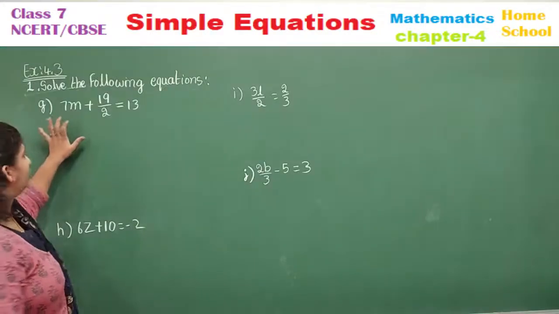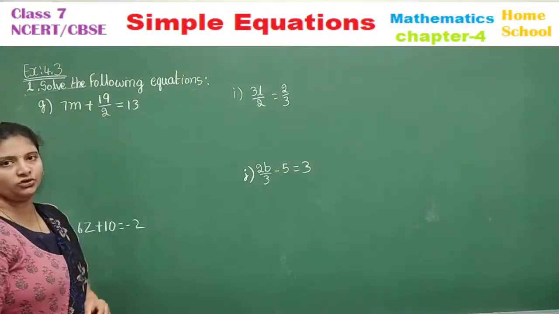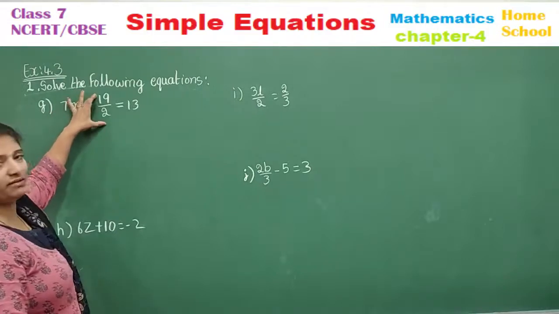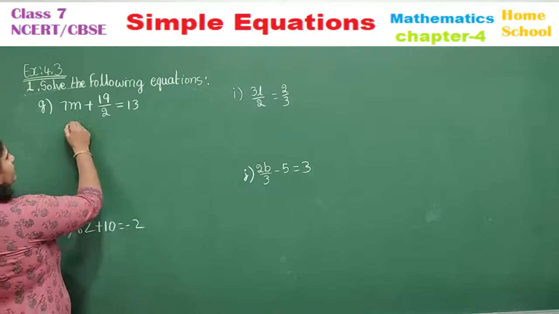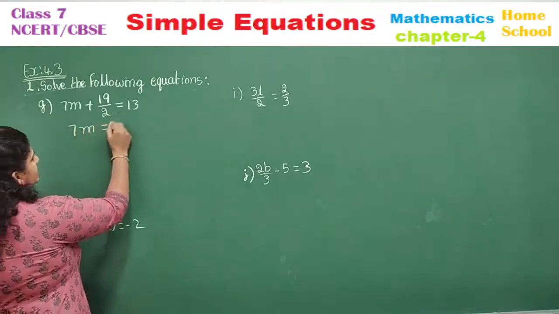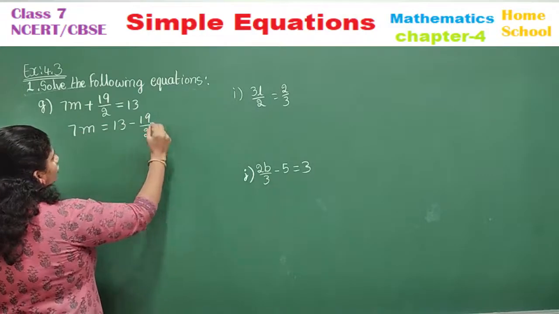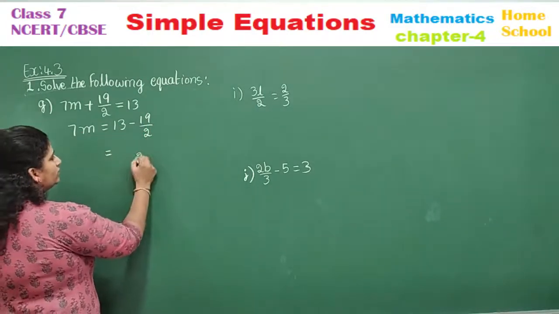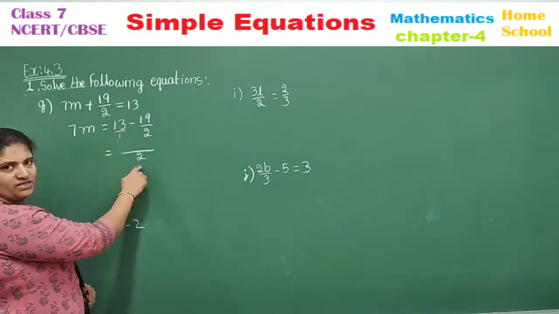Next sub question. 7m plus 19 by 2 is equal to 13. Variable is here. Plus 19 by 2, send other side, minus 19 by 2. 7m is equal to 13 minus 19 by 2. Do the LCM here. 2 and 1 LCM is 2.